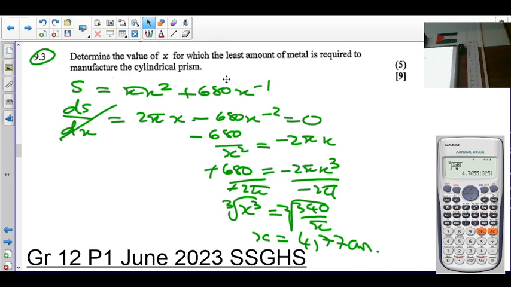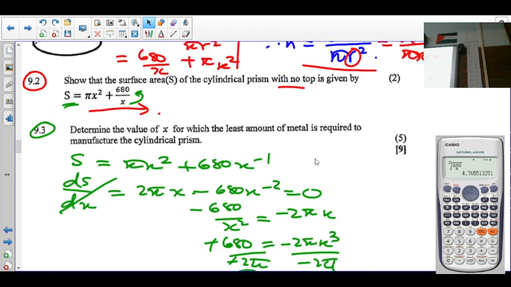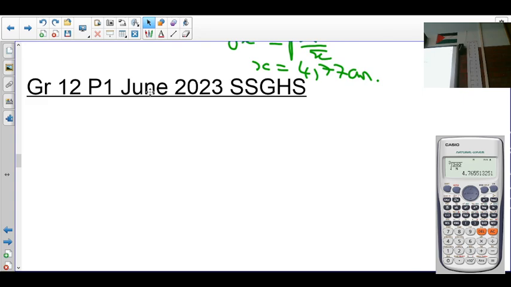If it then asks you to calculate the amount of metal required for a minimum, then I would have done this, and my next step would have been to substitute it back into the equation to get that answer. Yes, Michael? Oh, your hand is not up? Okay. It is up, but you don't ask a question.